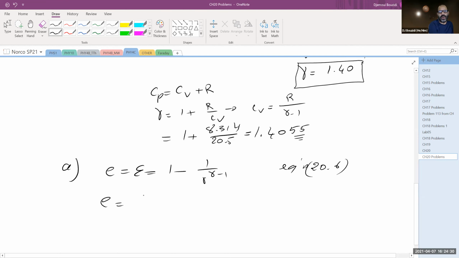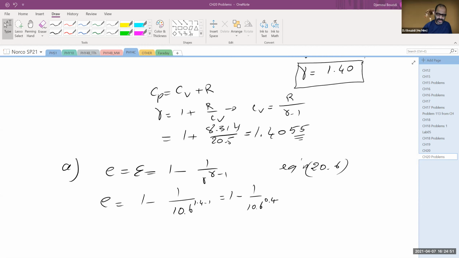The efficiency is going to be 1 minus 1 over r, r is 10.6, to the power gamma minus 1, gamma is 1.4, minus 1. So, that's what I was saying in the beginning, you really need a calculator that can do these powers. Okay, so we're raising this to the power 0.4.